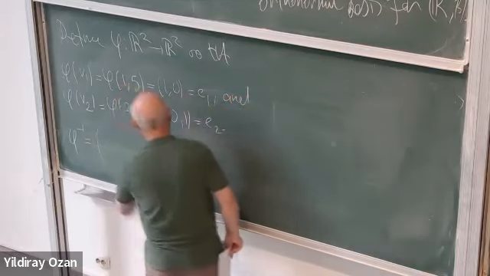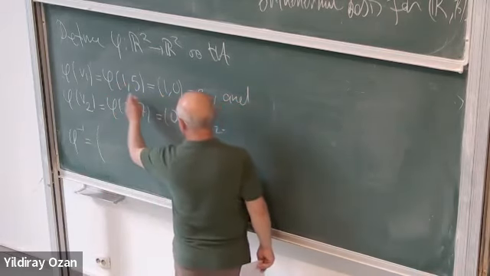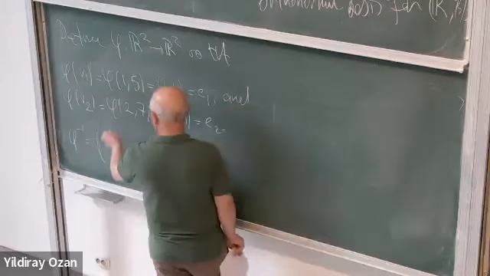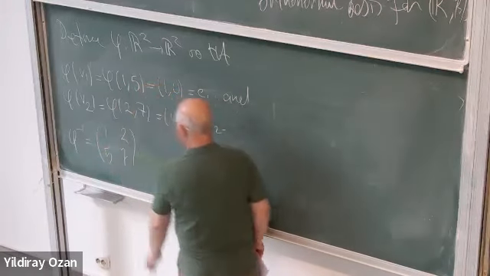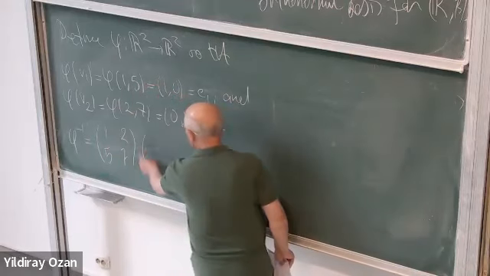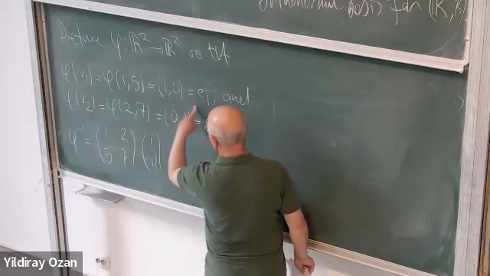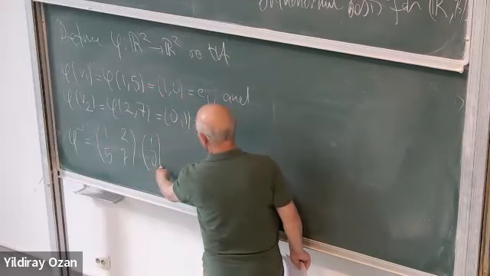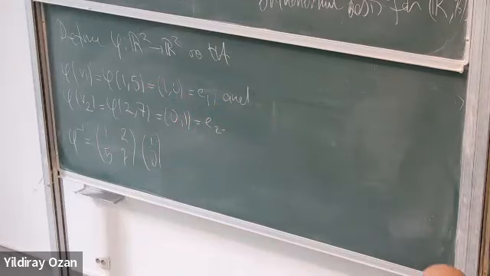What is this? 1 0 çarpınca 1 5 verecek. Yani onu şöyle yazarsam, değil mi? Evet, şunu 1 0 yazarsam 1 5 verir. 0 1 yazarsam 2 7 verir.